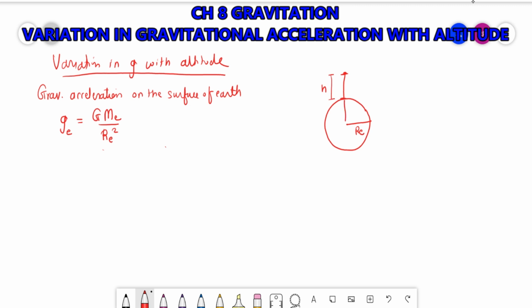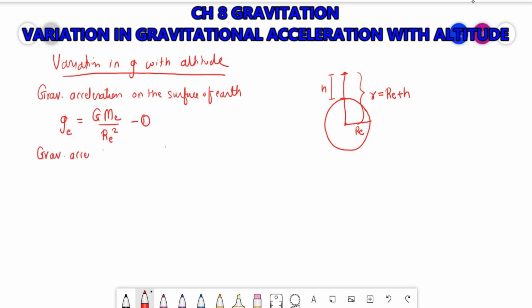So what is the distance from the center of the Earth? The distance r will be equal to RE plus h. First, let's name the previous expression as equation 1.